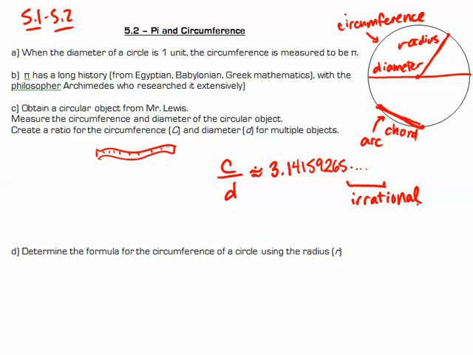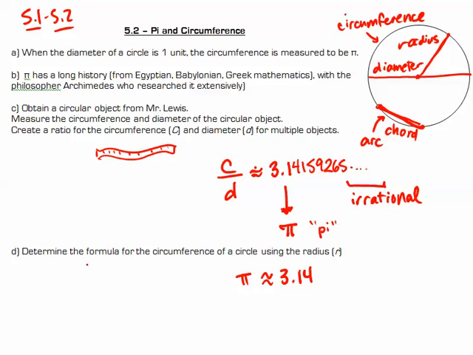So we have this irrational number, and instead of writing it out all the time, mathematicians decided to label this number pi. The Greek letter pi represents this ratio, 3.14159. Or we could just say that it's approximately 3.14.